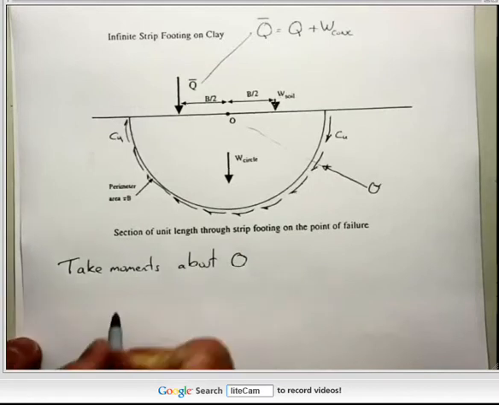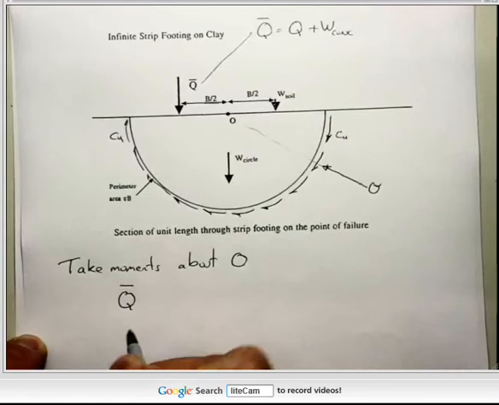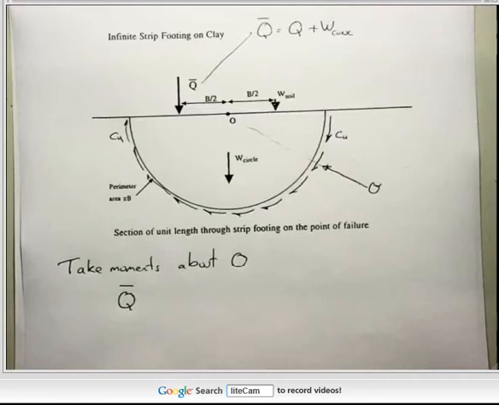And what we've got is the motivating force Q bar. That's a force. To get to moment, we multiply by lever arm. The foundation has a width B. Its weight, which is the force resulting from its mass, acts through the centroid of the foundation.